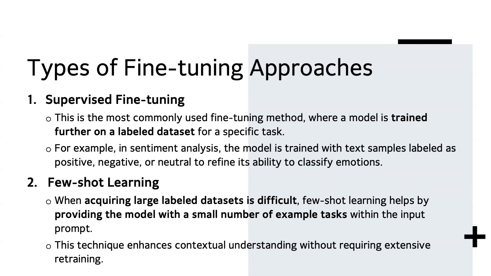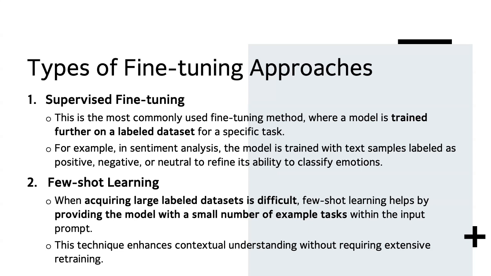So there are four types of fine-tuning approaches. The first one is supervised fine-tuning. This is the most commonly used fine-tuning method, where the model is trained further on a labeled dataset for a specific task. For example, in sentiment analysis, the model is trained with text samples labeled as positive, negative, or neutral to refine its ability to classify emotions.